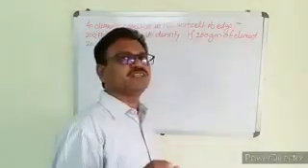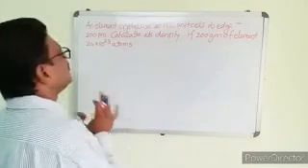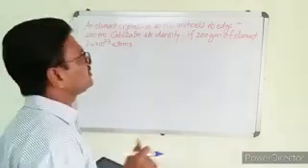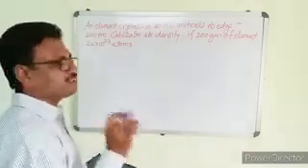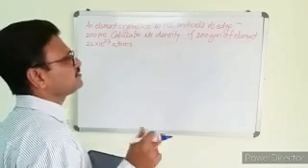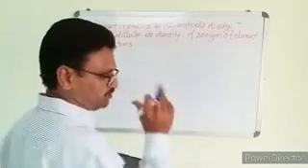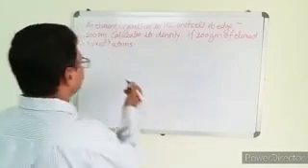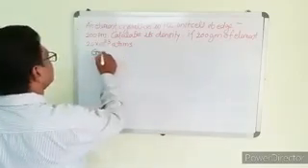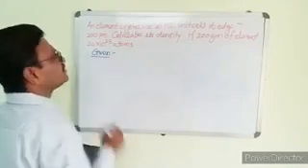The next numerical is an element crystallized in an FCC unit cell, and the edge length is given. Calculate the density if 200 gram of the element has this many atoms. Okay, so while reading the second time we have to write what is given.